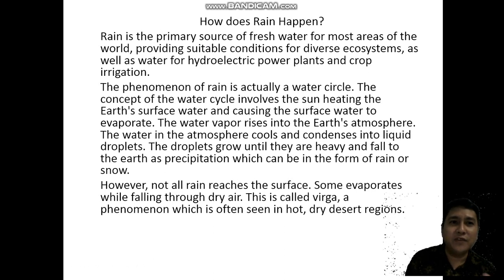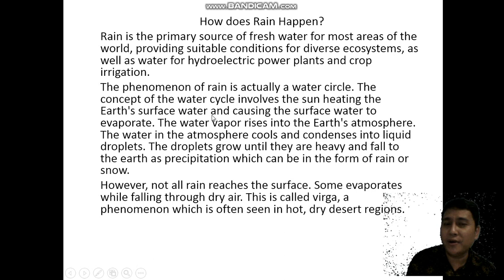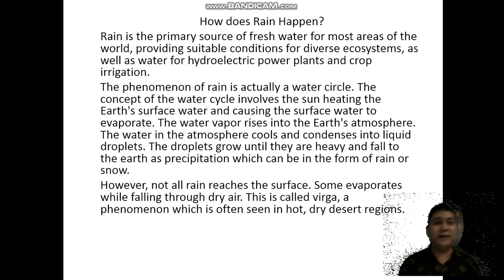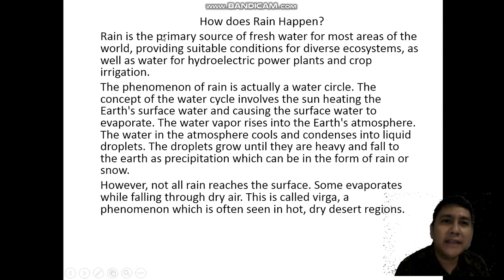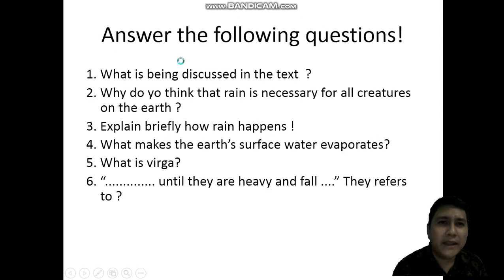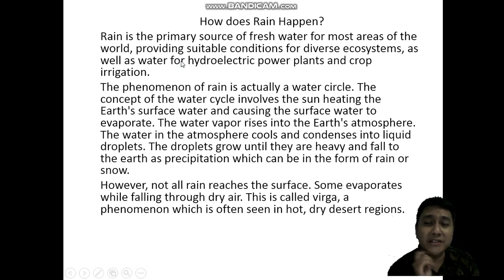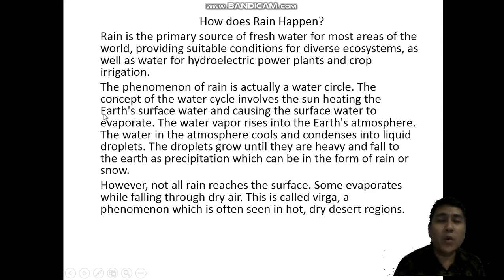And after that, we go to the steps. The phenomenon of the rain is actually a water cycle. It tells the steps of the process of the rain. The concept of water cycle involves the sun hitting the earth's surface water and causing the surface water to evaporate. That is the first step until the end. So Rain is the primary source of fresh water is the general statement, and after that the phenomenon belongs to sequence explanation.